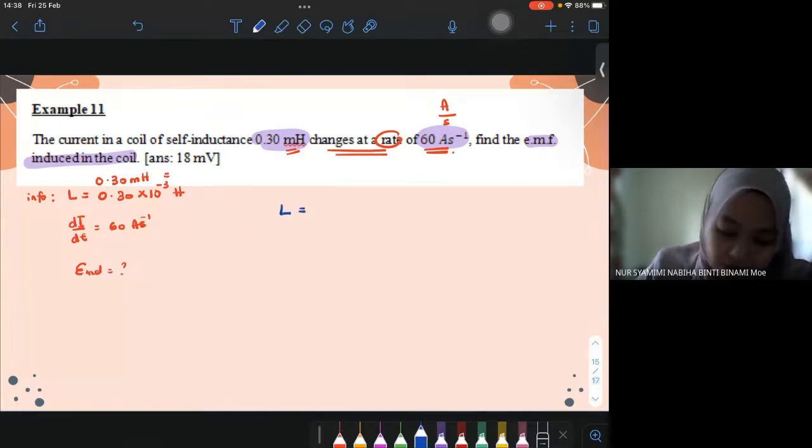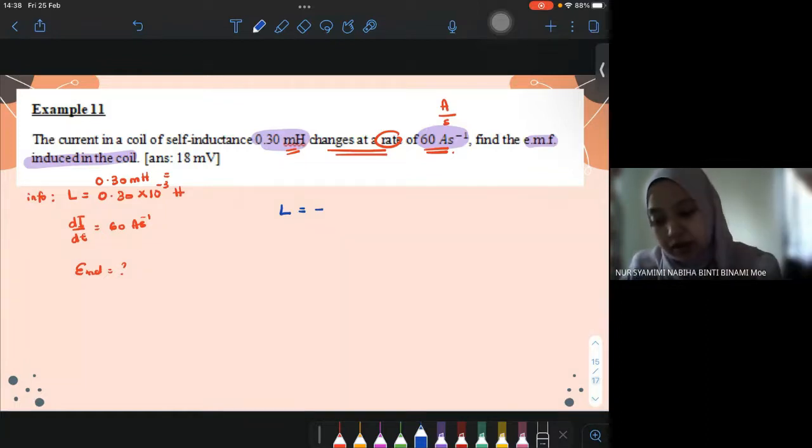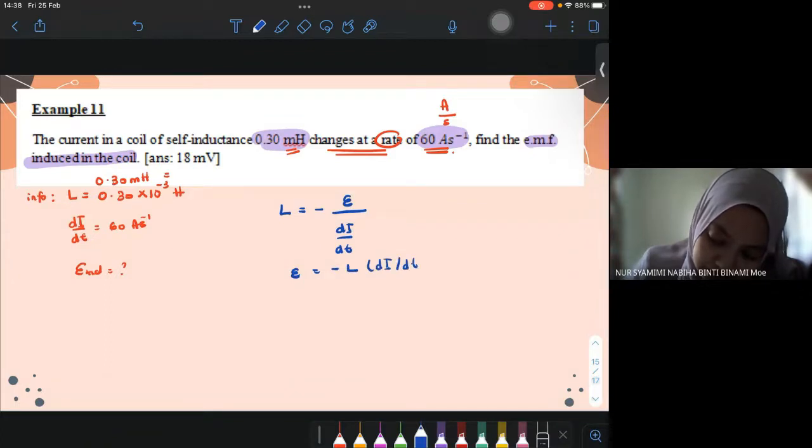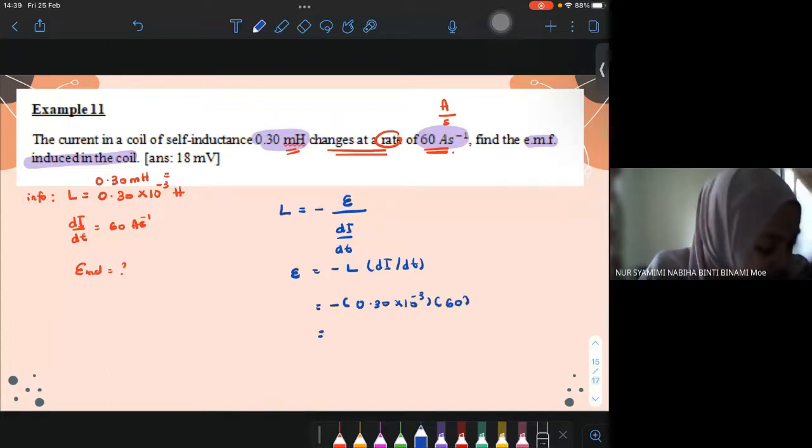L is equals to negative E induced over dI over dt. So E induced is equals to negative L dI over dt. So yang negative L ialah 0.3 exponent negative 3, dI over dt ialah 60. So berapa yang kita dapat?